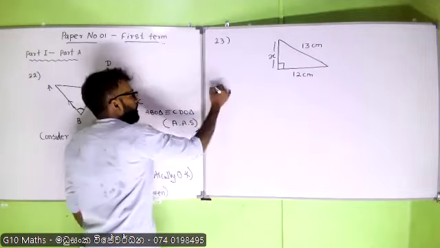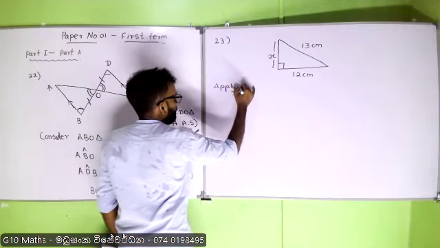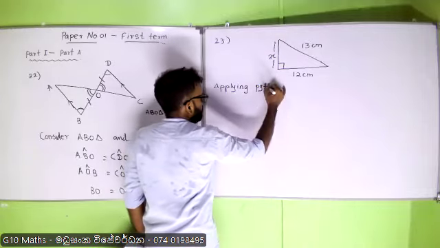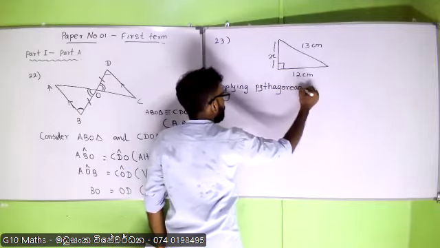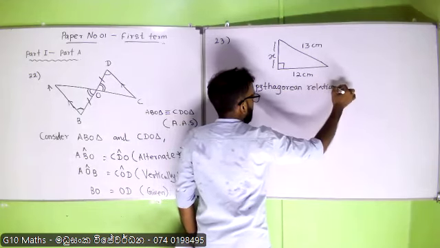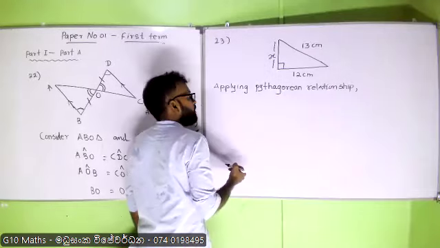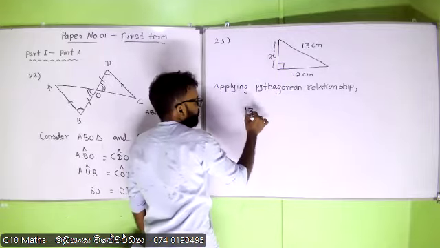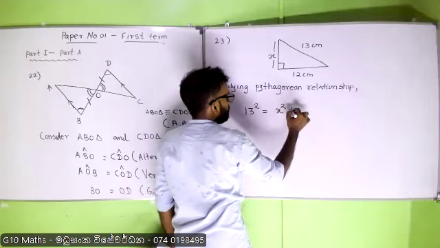Correct? Applying the Pythagorean relationship, hypotenuse to the power 2. 13 to the power 2 equals x to the power 2 plus 12 to the power 2.